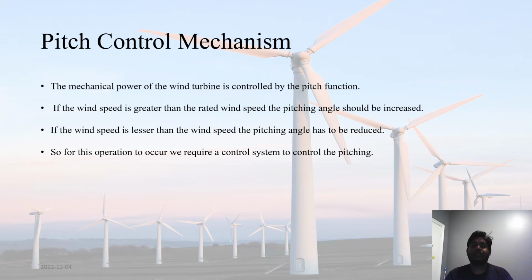That is, if the wind speed is less than the rated wind speed, the pitching angle has to be reduced in order to increase the wind speed to the rated value. So, for this operation to occur, we require a control system to control the pitching mechanism. And the energy for this control system is provided by the piezoelectric energy harvester model that we have currently simulated.